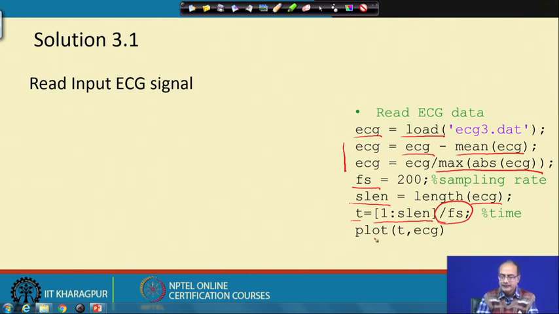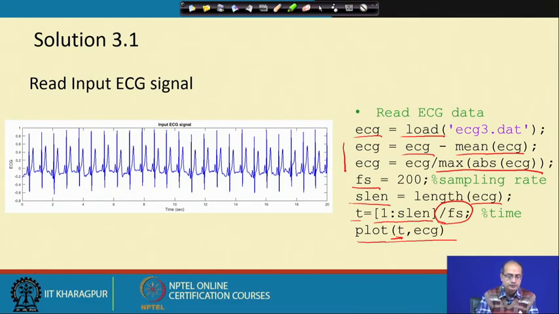That gives us the time signal, and we use the plot command to get the plot. So, here we see the plot.